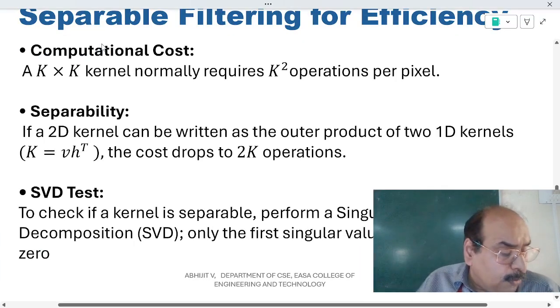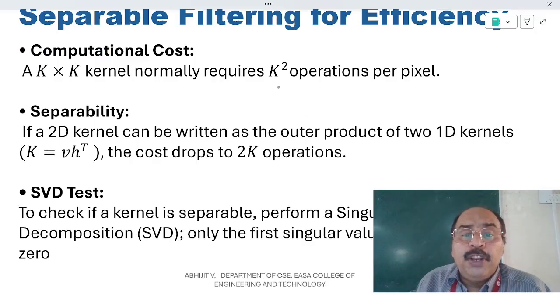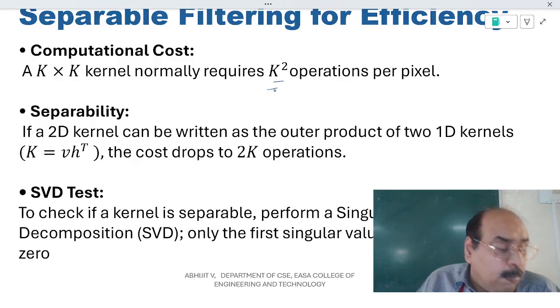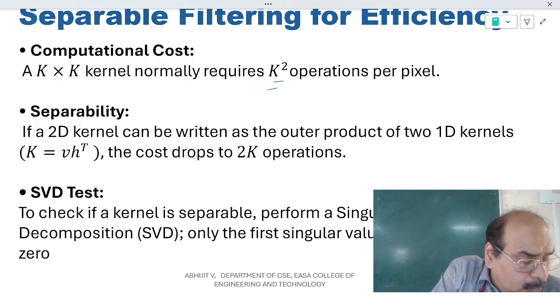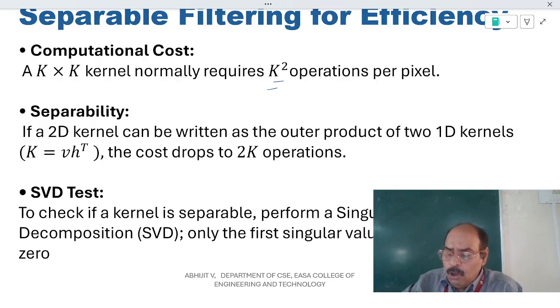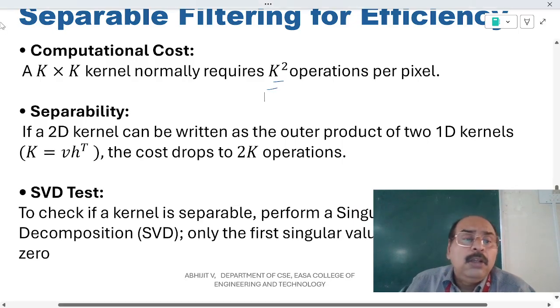See, the process of performing convolution requires k-square operations, which is computationally very complex. So what we do is that we create, where k is the size of the convolution kernel.